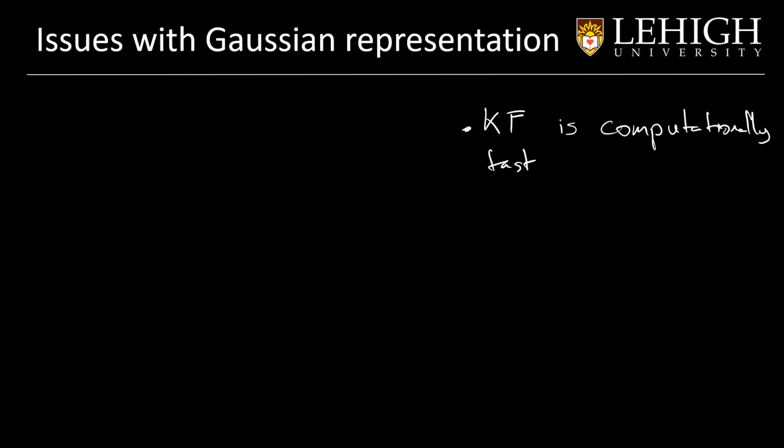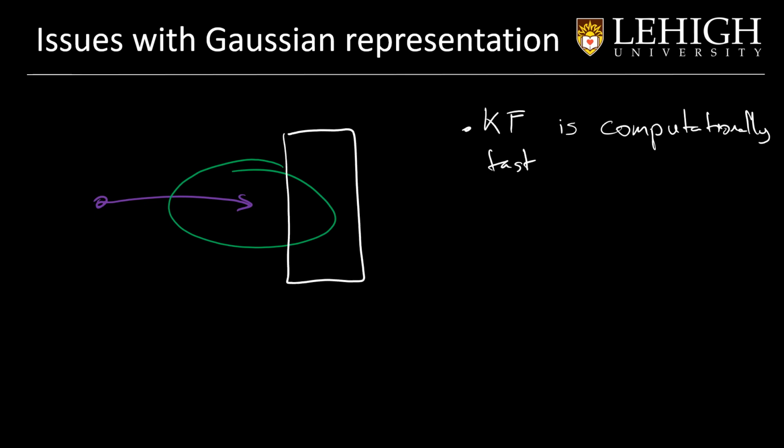But now let me give you an example. If our robot is here and it moves here, we will expect it to be around here, right? But if there is an obstacle, the probability distribution that we have there might not be like a normal distribution, because we have to cut this part over here.